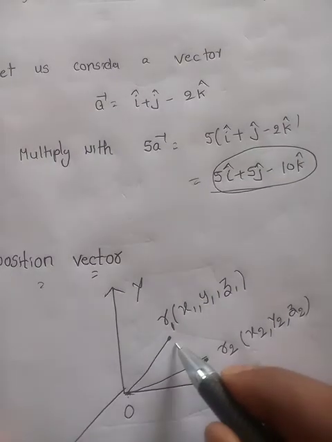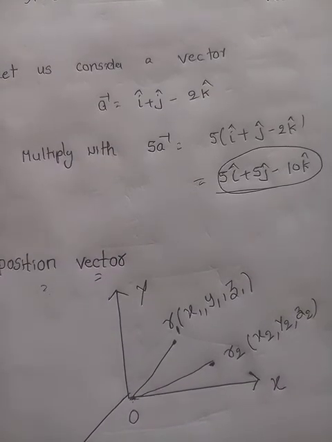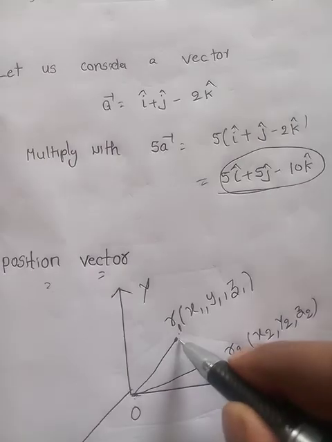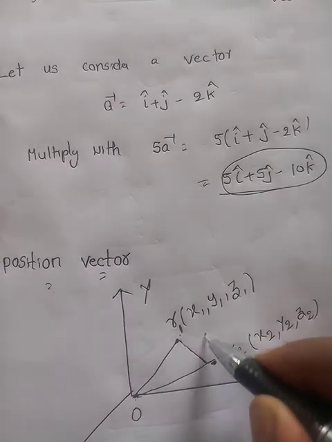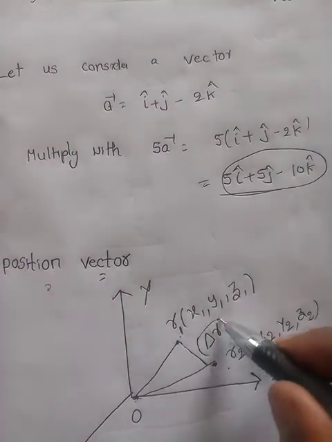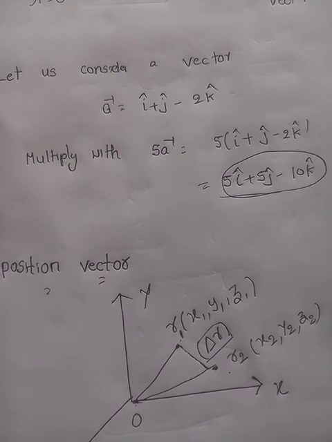Now what is the displacement? As we know very well, it is the shortest distance between the initial point and the final point. What is the initial point? r1. What is the final point? r2. So this is the displacement.